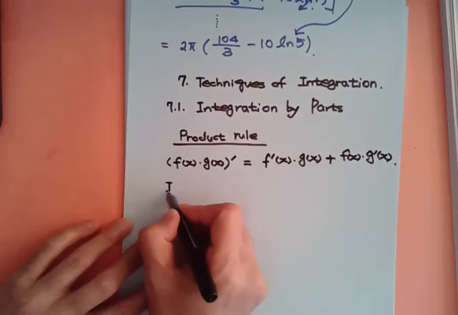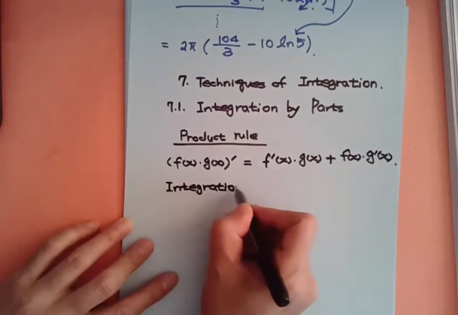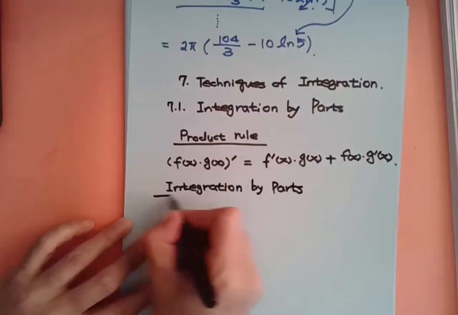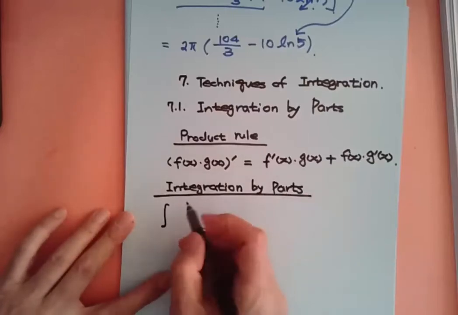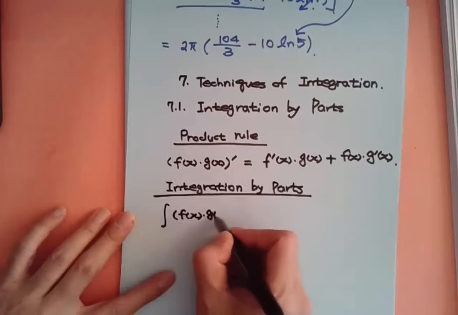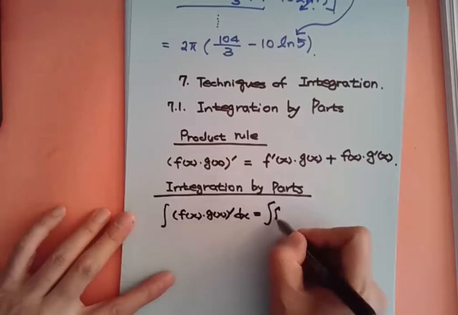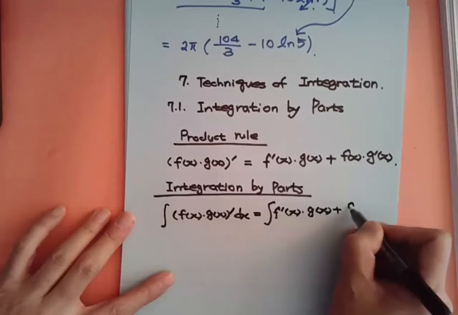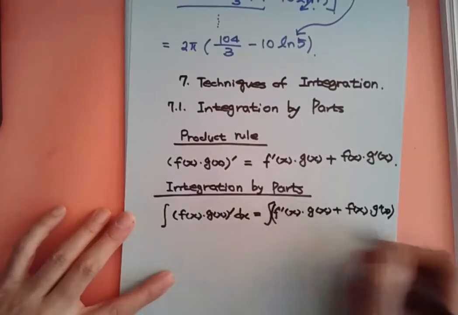To derive the integration by parts, we integrate both sides. So we have integration of f of x times g of x prime dx equals integration of f prime of x times g of x plus f of x times g prime of x dx.